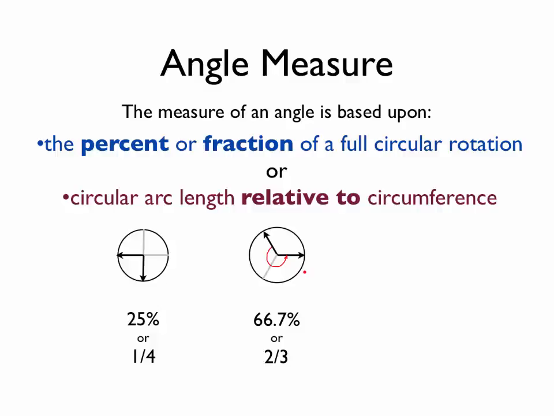That's a 2/3 angle. Put the vertex at the center of the circle. I want this one. So what angle is that? That's our 1/6 angle, or 16.7%.